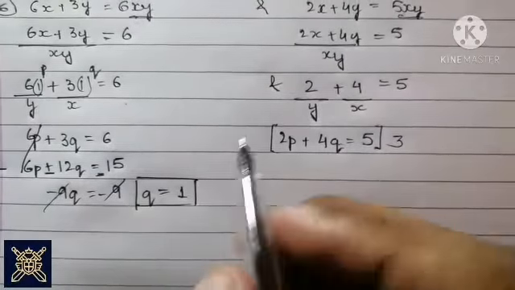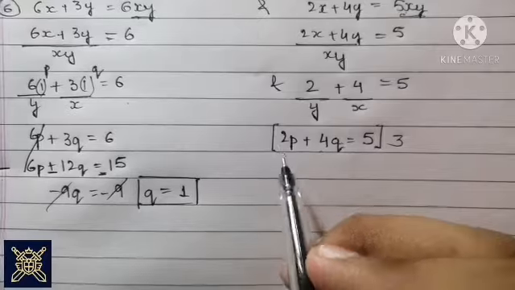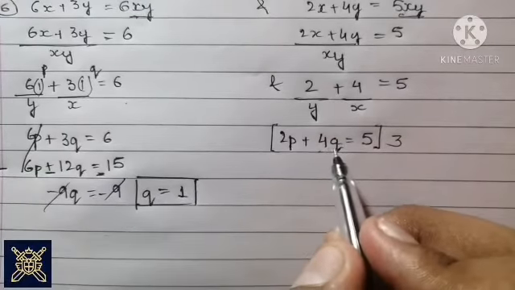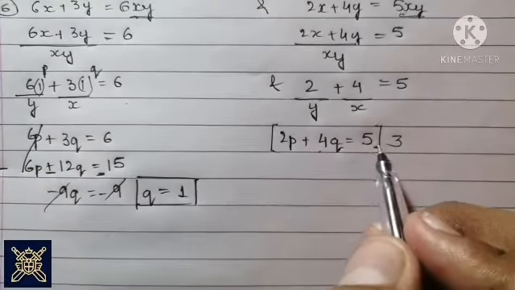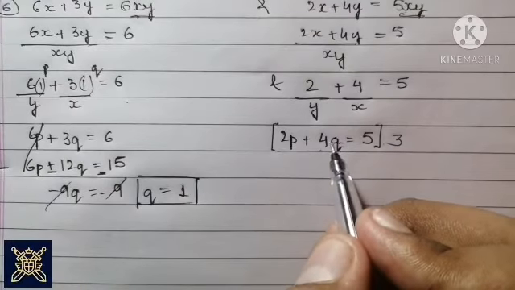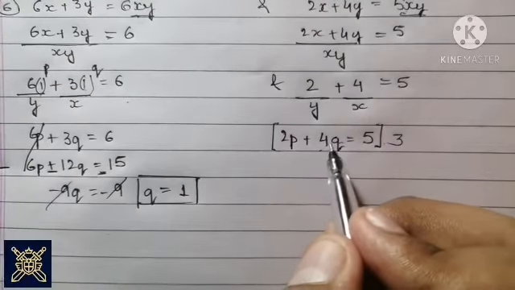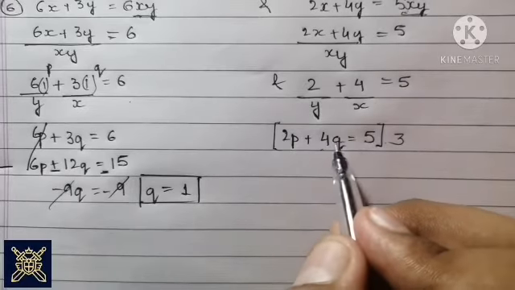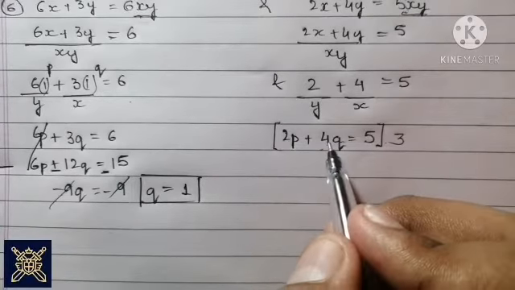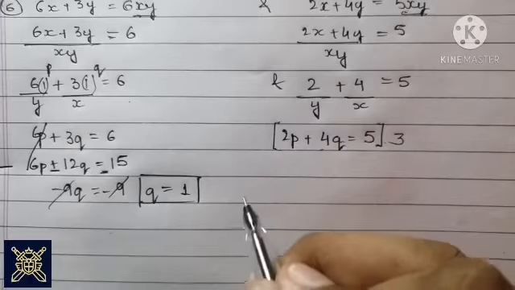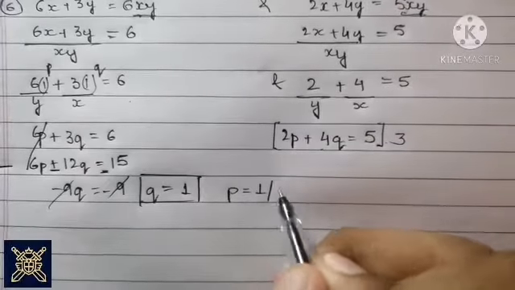Using q is equal to 1, we can find the value of p. Since q is equal to 1, in 2p plus 4q is equal to 5, 4q is 4, so 5 minus 4 is equal to 2p, 5 minus 4 is 1, so p is equal to 1 upon 2.